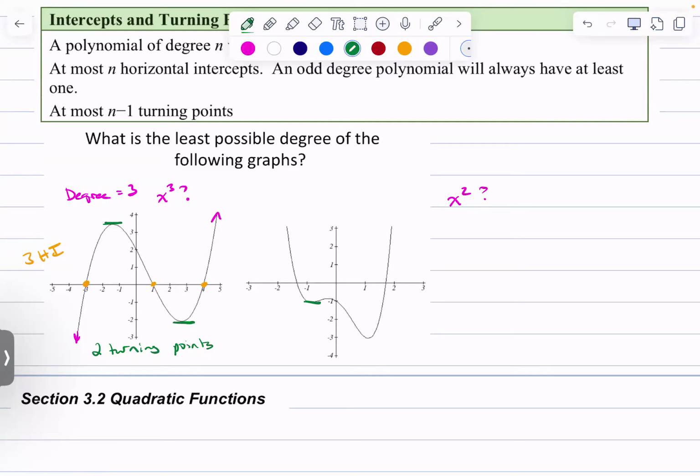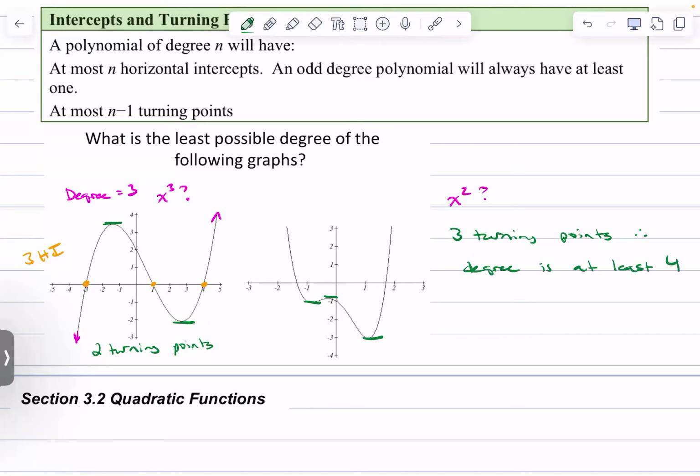Here I have a turning point, here I have a turning point, and here I have a turning point. 3 turning points. But I'm allowed at most n minus 1 turning points, which means my degree must be at least 4. And so therefore, the degree is at least 4.